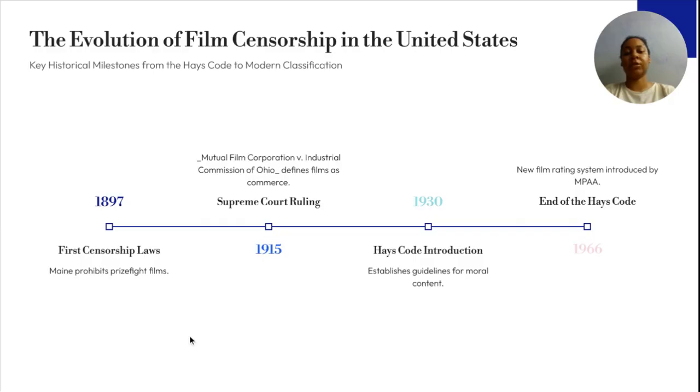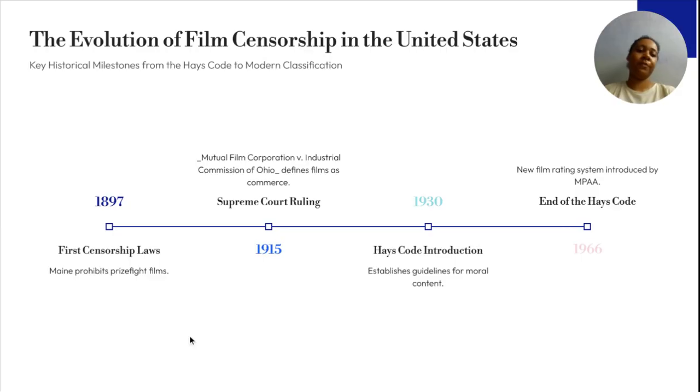A lot of films had to follow this guideline, because a lot of films were deemed inappropriate or not morally acceptable, like being in a relationship with someone who is not a spouse, or smoking, violence, and alcohol drinking.